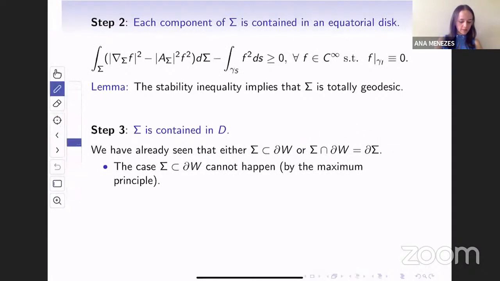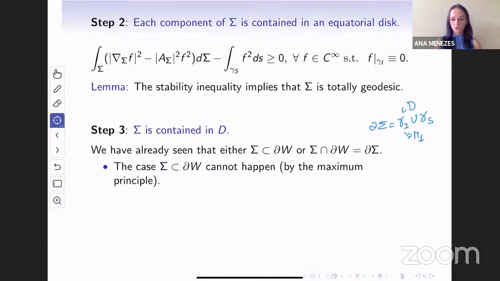Let's remember the boundary of sigma is composed of gamma I and gamma S, fixed boundary and free boundary. The fixed boundary is, by construction, the fixed boundary of the component M1, which we know is contained in our disk D. And for the free boundary, we don't have information. It could be empty, but that's the important thing.